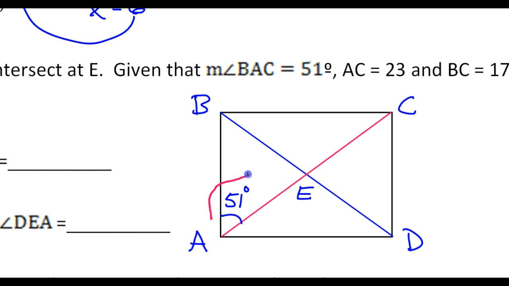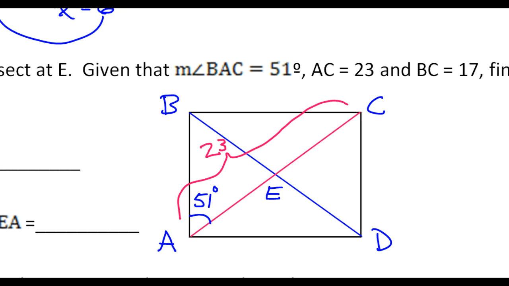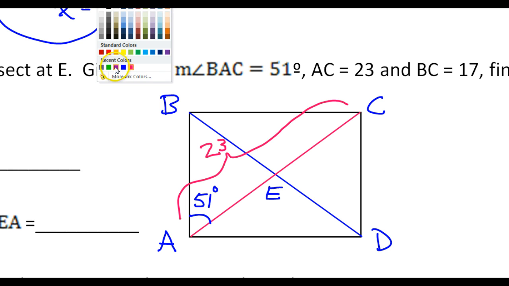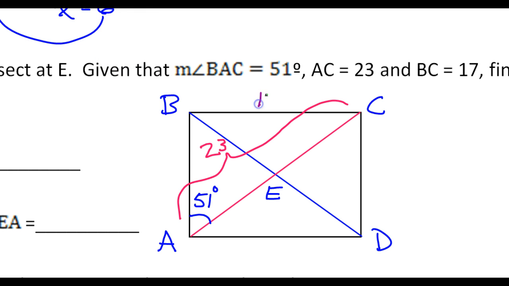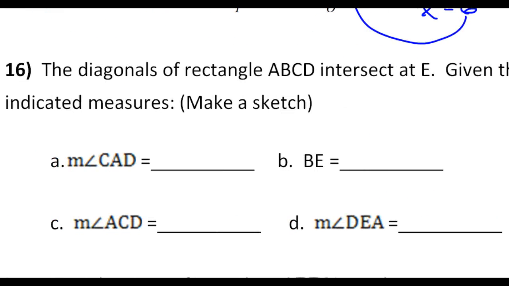I'm trying to keep the diagram from getting too messy. But this is the 23. And BC is 17. So this is 17. We're supposed to find the indicated measures.